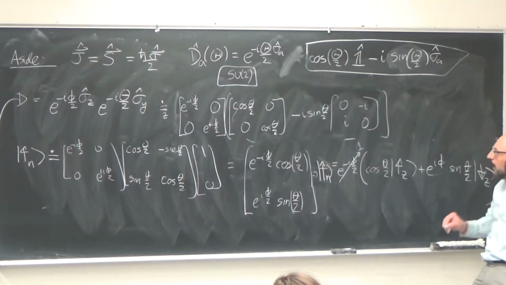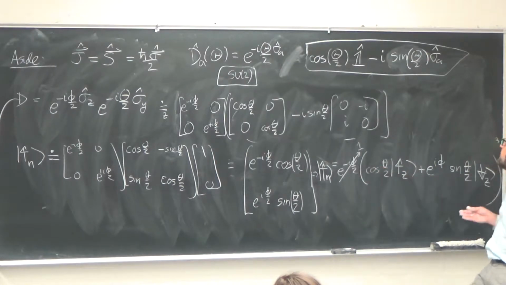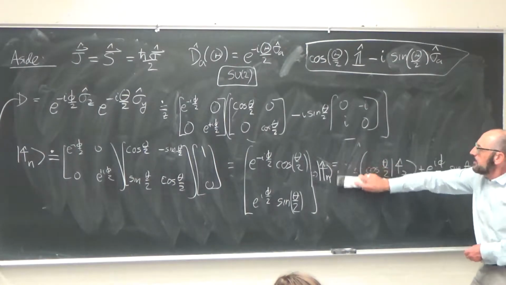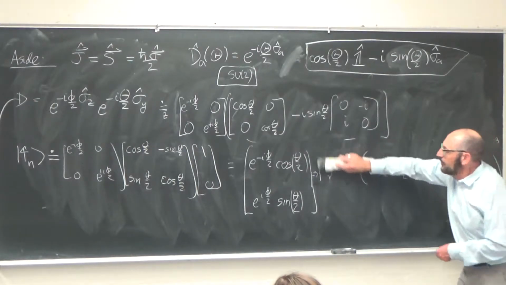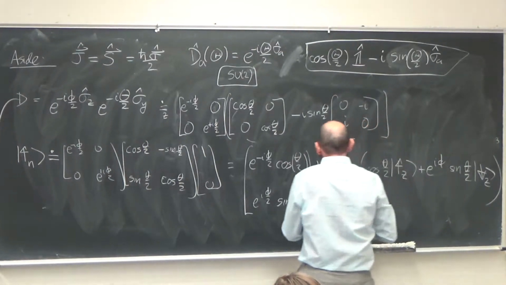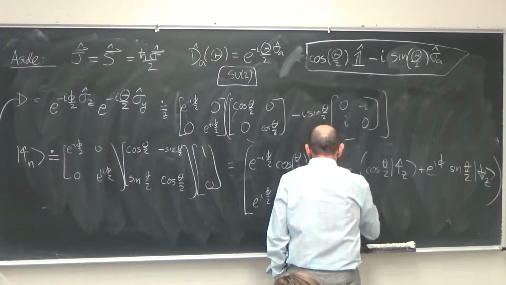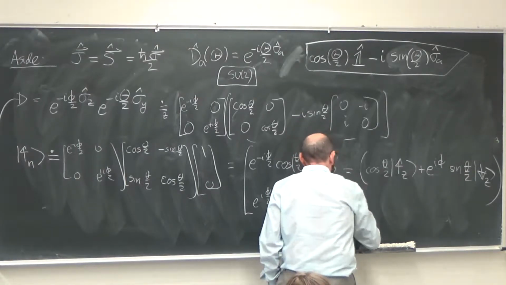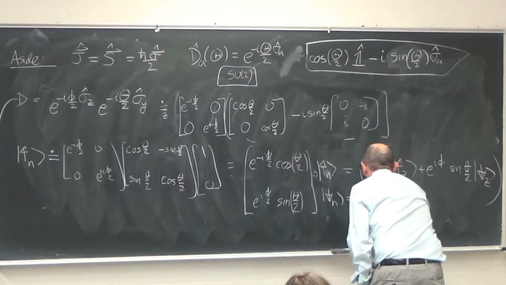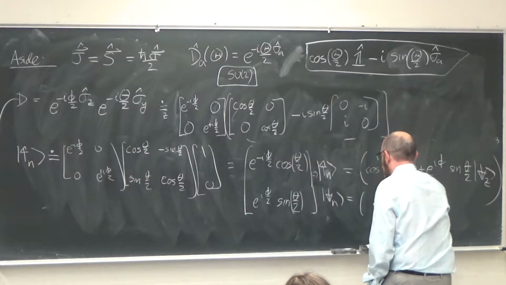Okay, but importantly, this is our typical convention for these states. We say spin up along n is this, and spin down along n by the same arguments would then be the following.